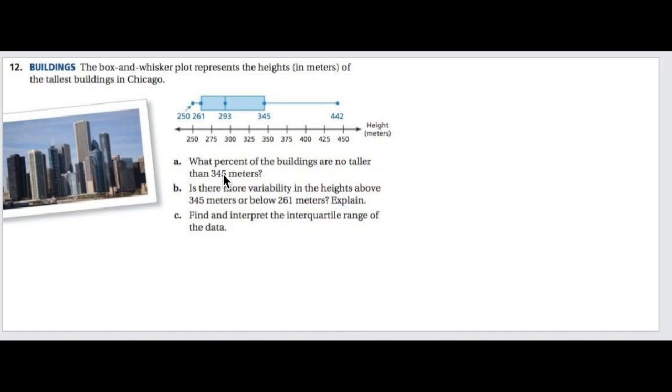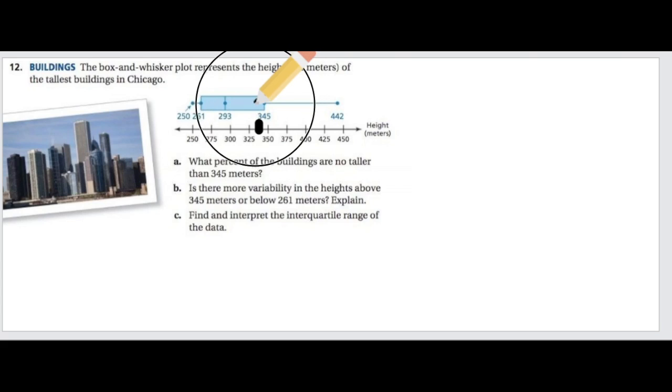So let's go ahead and look at our questions. What percent of the buildings are no taller than 345 meters? Well, where's 345 meters? It's exactly right here. Oh, that's very large. I wonder if I can make that smaller.